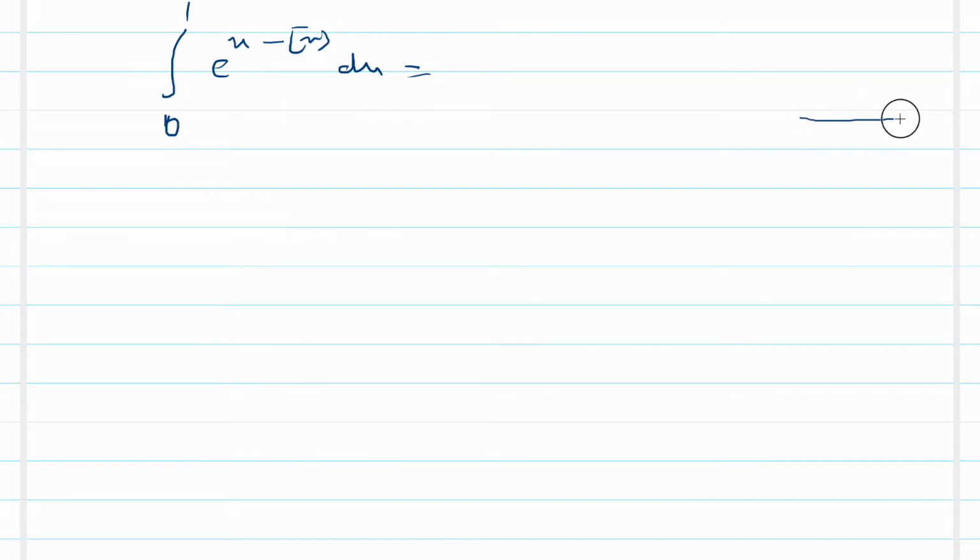Integration is nothing but, suppose a function is given, then the area under that curve. In general the function may be negative, then you have to consider the negative area. Anyway, the functional values are the only important part in this problem.